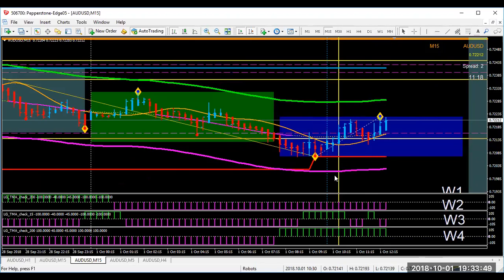So you see in the 15 minutes, here's the vertical line that's on the 30 minute. These are the horizontal lines that are applied from the 30 minutes. When price dipped back below the river center line, there are opportunities to enter.